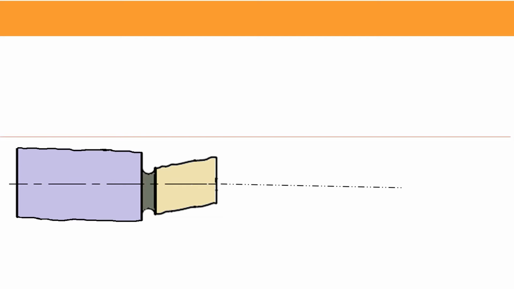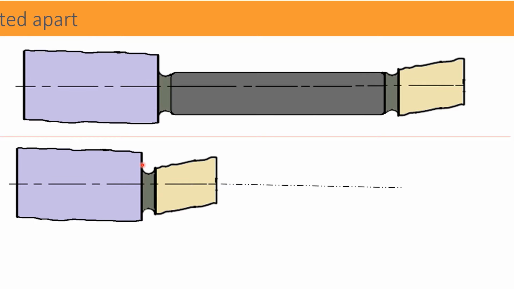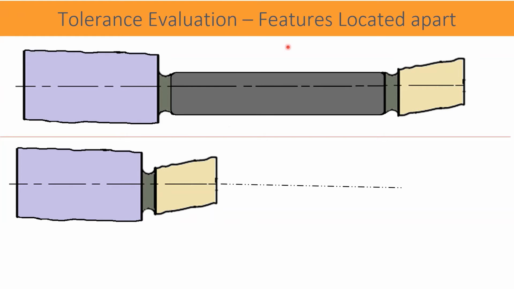Now, suppose the tolerance cylinder is not immediately connected to the datum cylinder, but it is far from it. This means there is separation distance between datum cylinder and tolerance cylinder.